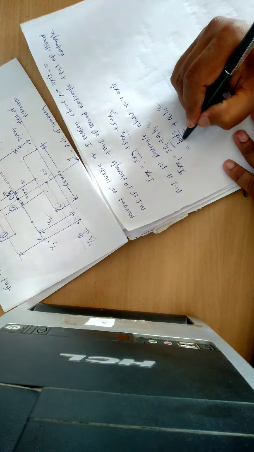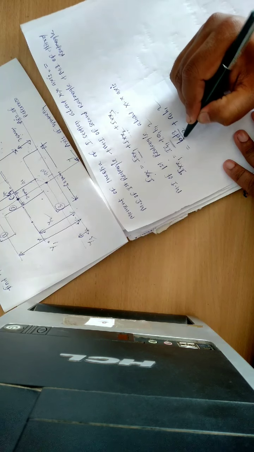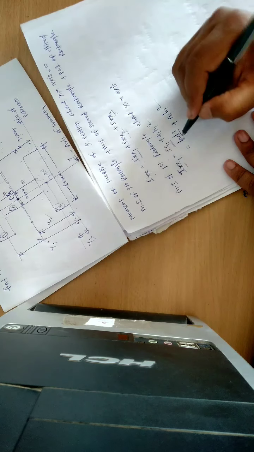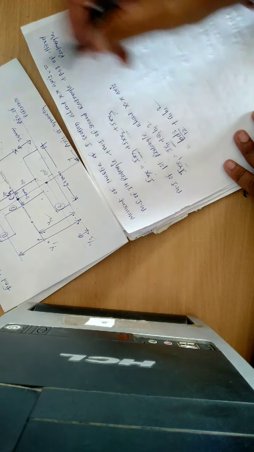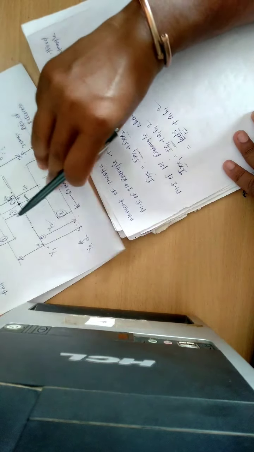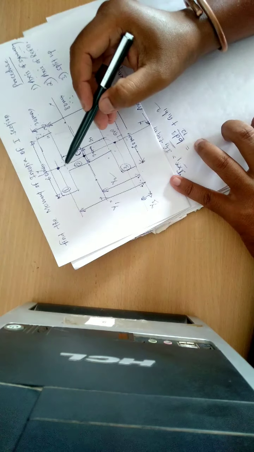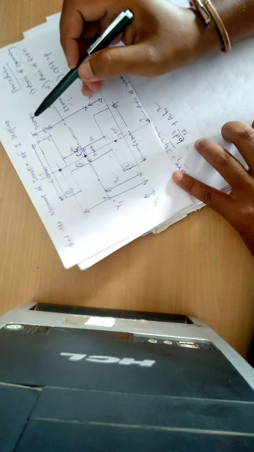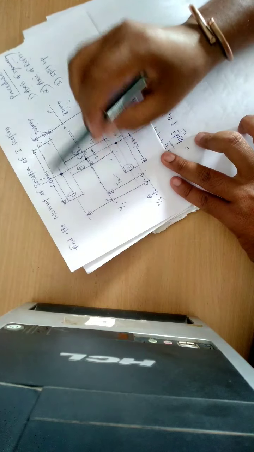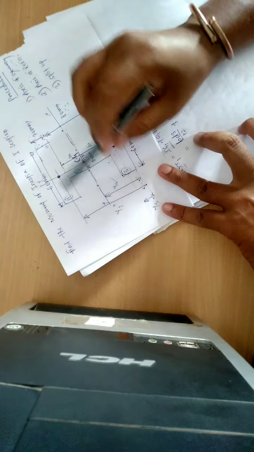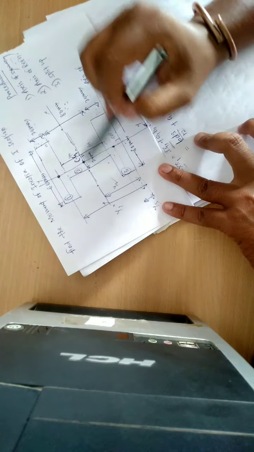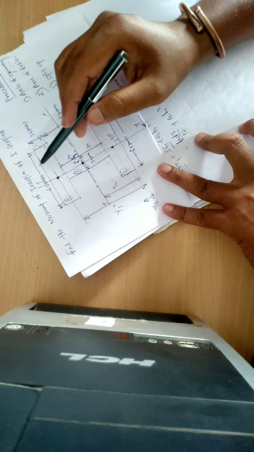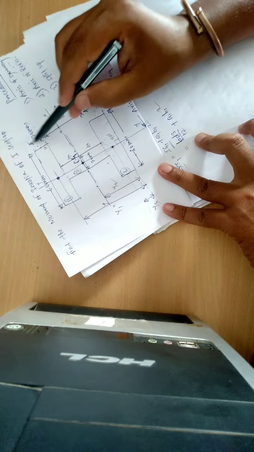See here, what is B? B is the width and D is the depth of the first rectangle. This is the first rectangle, and you are finding the moment of inertia about the x and y axes. See here, this is b, this is d.